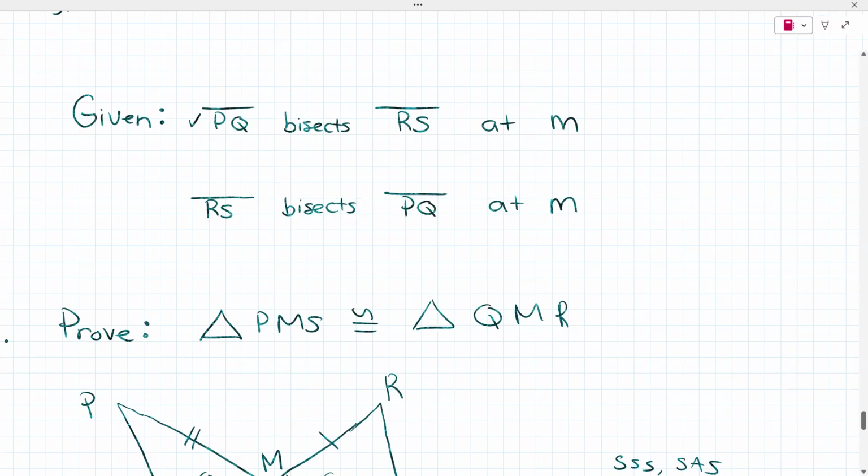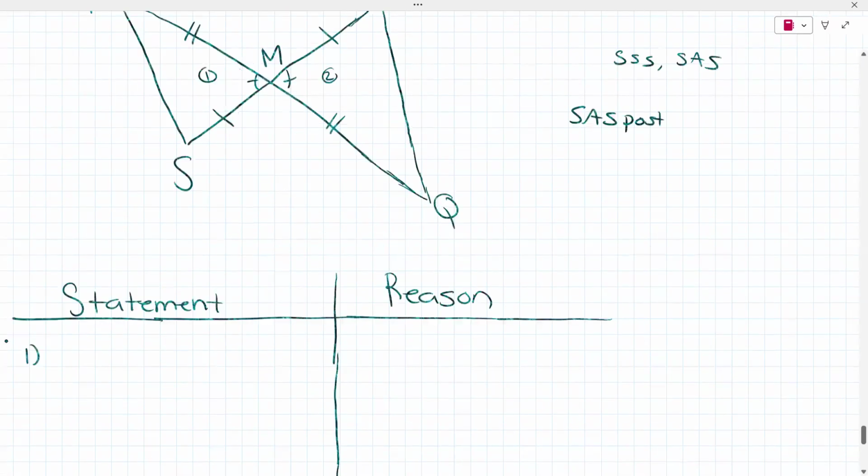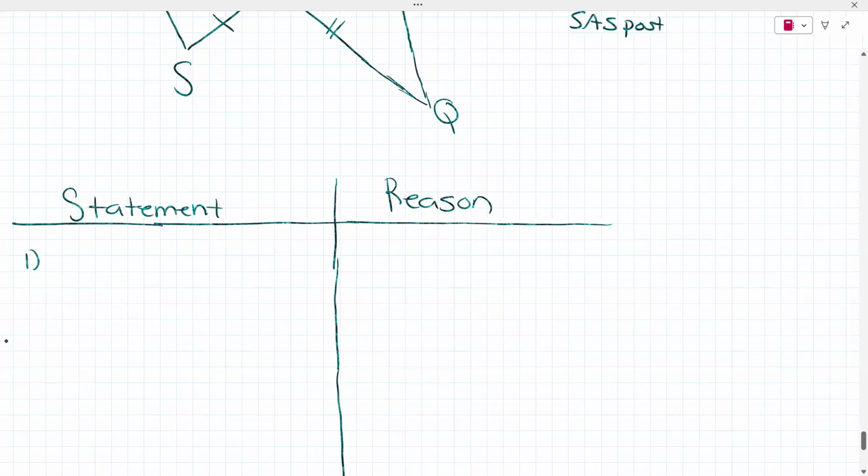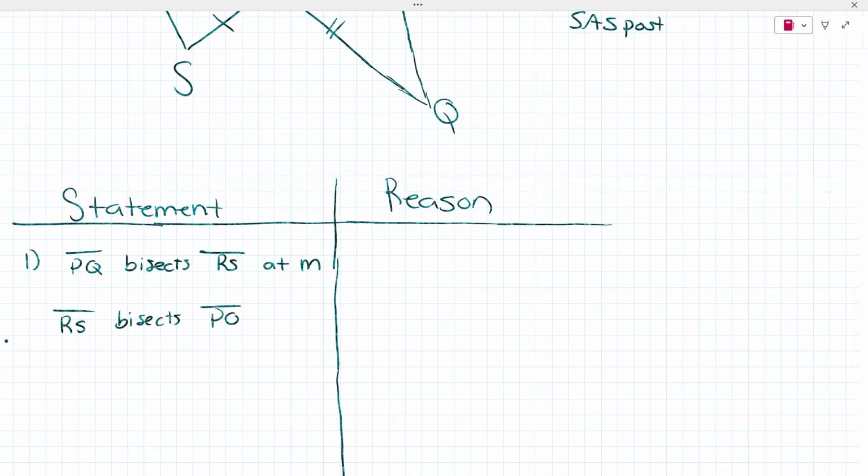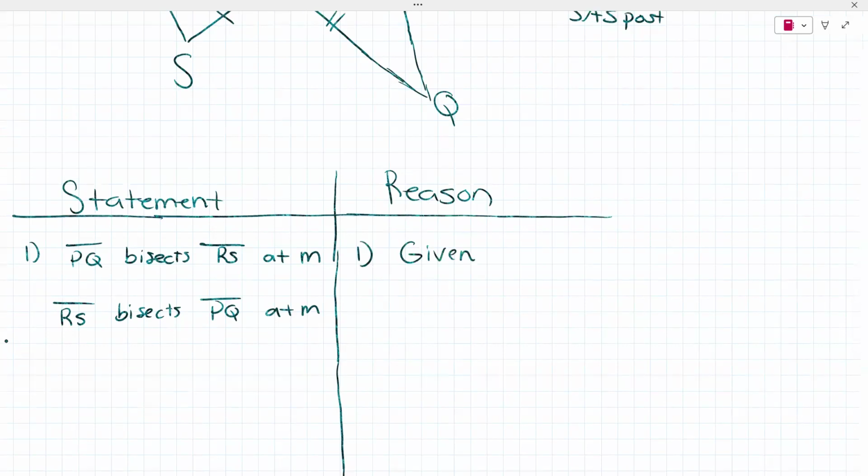Line segment PQ bisects line segment RS at M, and line segment RS bisects line segment PQ at M. So let's write out our two given statements. Okay, statement two.